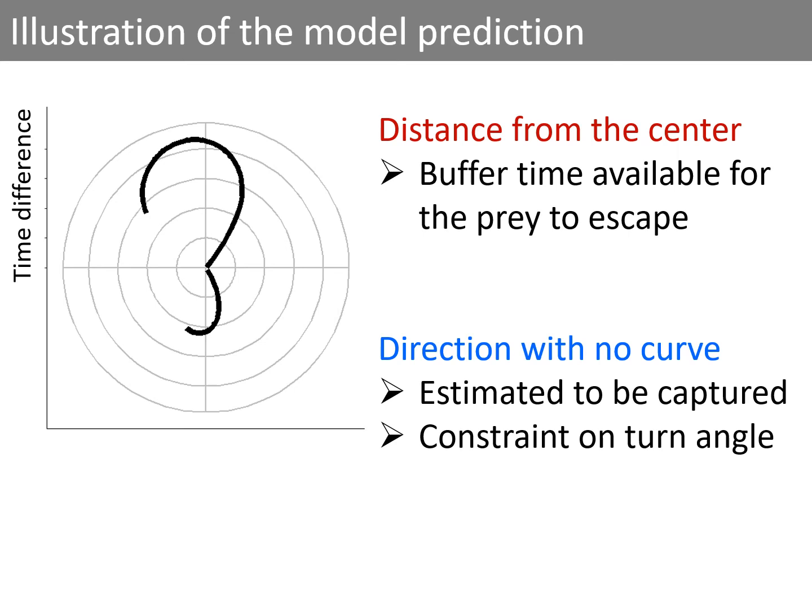The curved line denotes the time difference between the prey and the predator. The distance from the center, like a red arrow, represents the buffer time available for the prey to escape. The direction with no curve, like blue arrows, represents either that the prey is estimated to be captured or that the prey cannot go in that direction due to the constraint on turn angle.